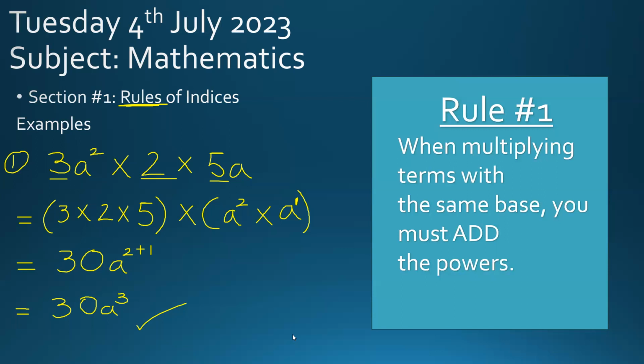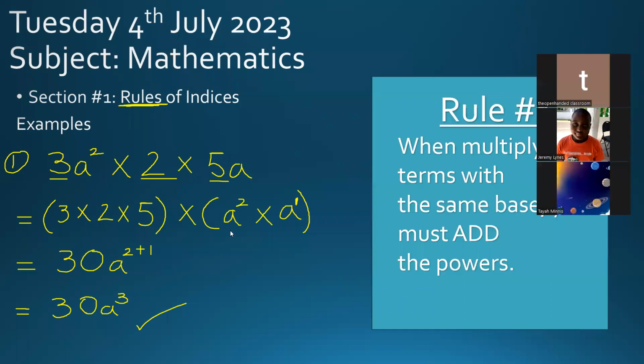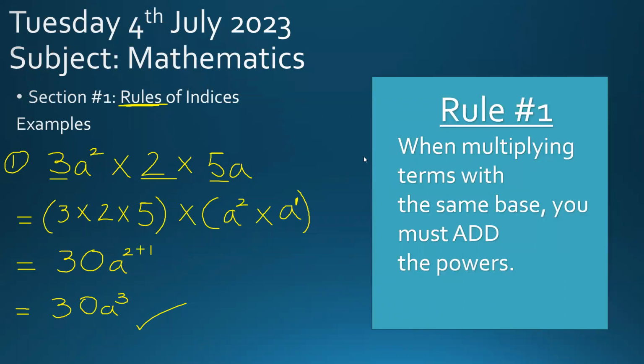And Naya, what two terms here have the same base in this question? Sorry, can you repeat the question? I was saying, what two terms in this question have the same base? 3A and 5A?